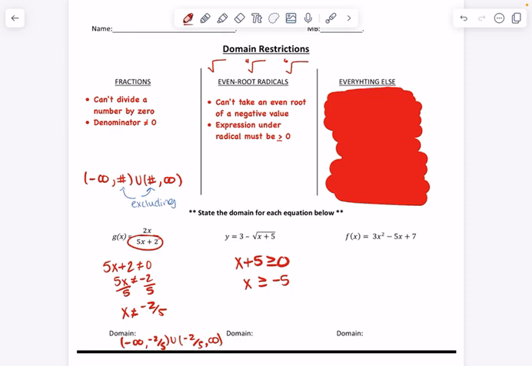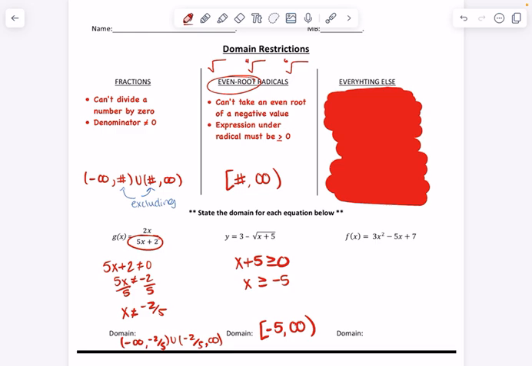Correct? But we're going to write it in interval notation. So for your domain, your graph is going to start at the x value of negative 5 and go to the right. So for even root radicals, it should always be some number that you start with a bracket and go to the right. And like I said, we did kind of talk about that with the graphs.